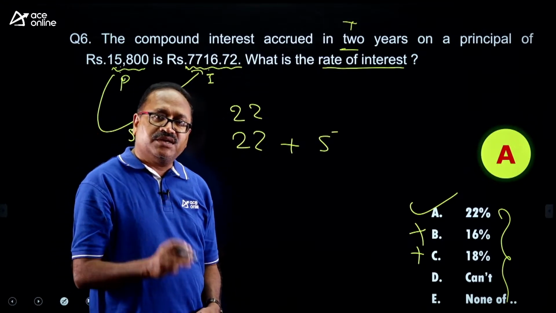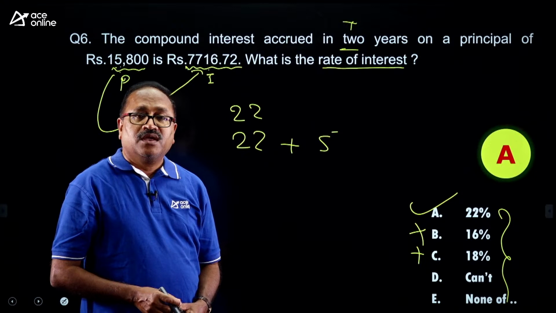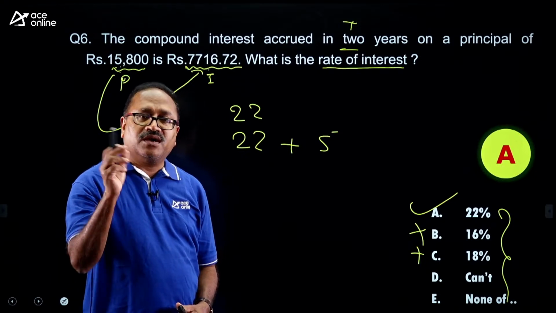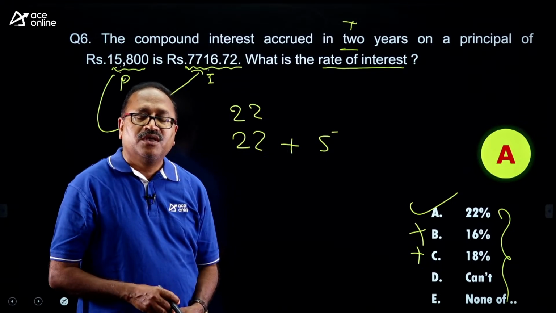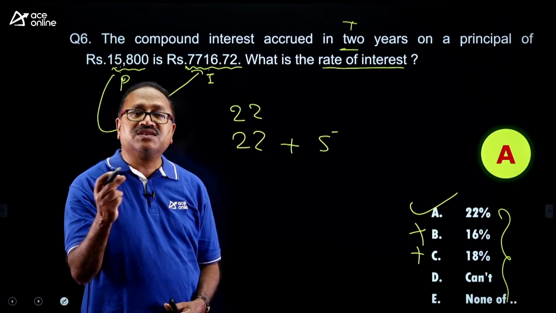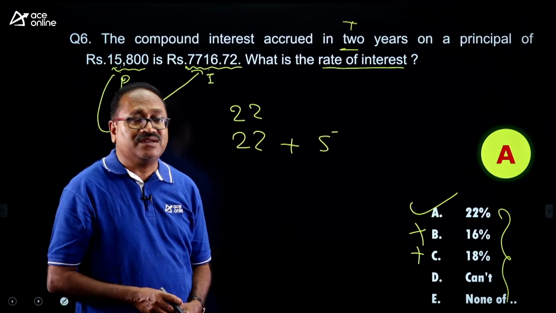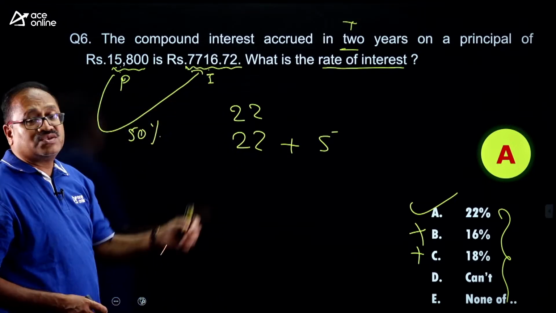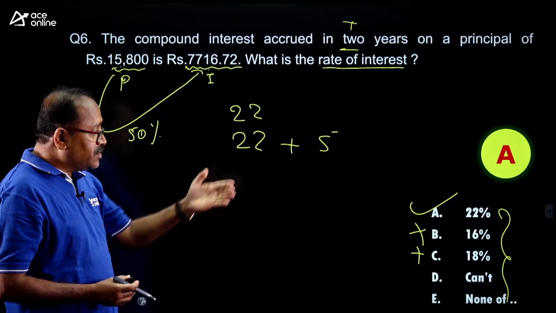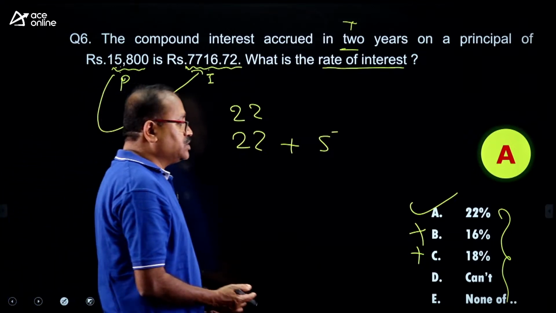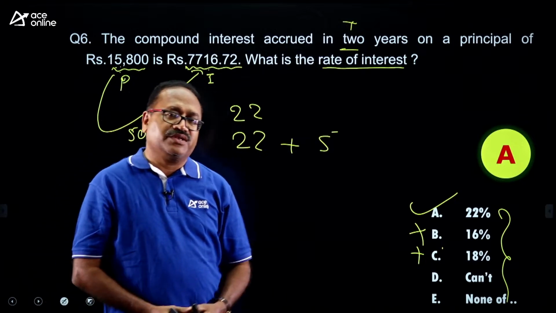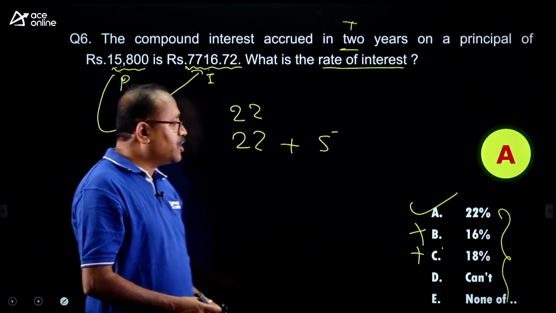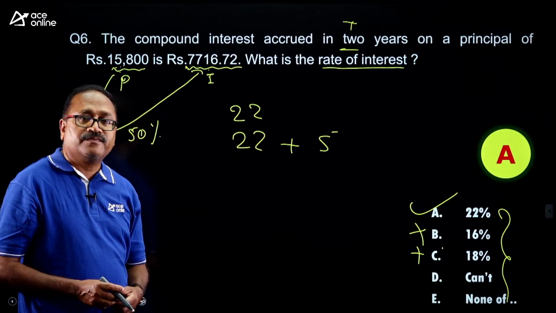So 18 plus 18 is 36, and 18% of 18 is another 2 to 3%, so 36 plus 3 is 39%. But here the interest is close to 50%. So for these options, B and C, we will not check them. Hope you are understanding the approach.